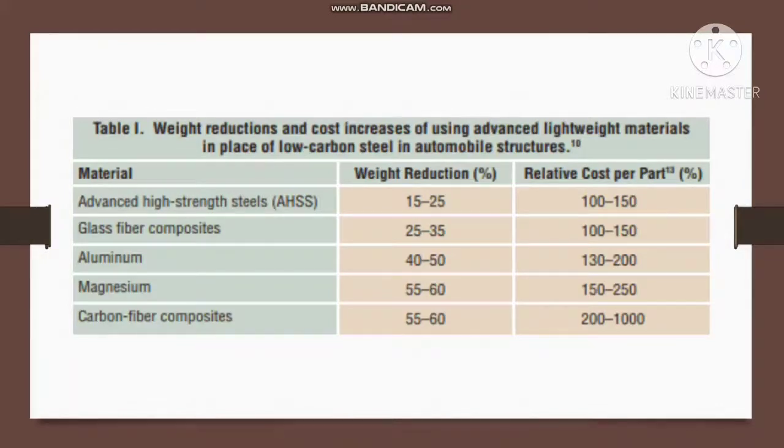Carbon fiber composites, the weight reduction is the same as magnesium, about 55% to 60%, but it is the most expensive of all the materials, cost per part 200% until 1000%.